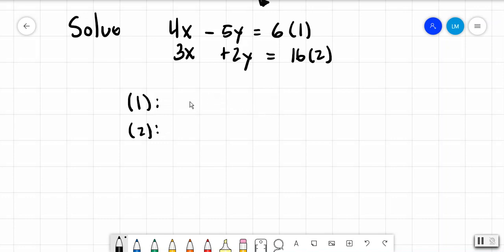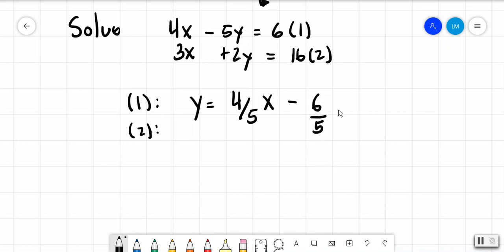So if you write in mx plus b form, basically when you solve for y, you're going to get that y is equal to 4/5 x minus 6/5.